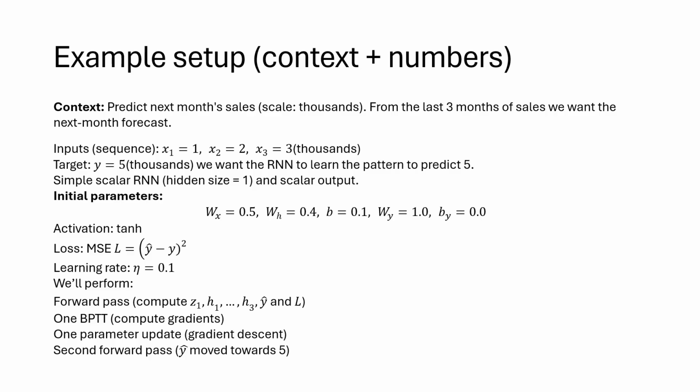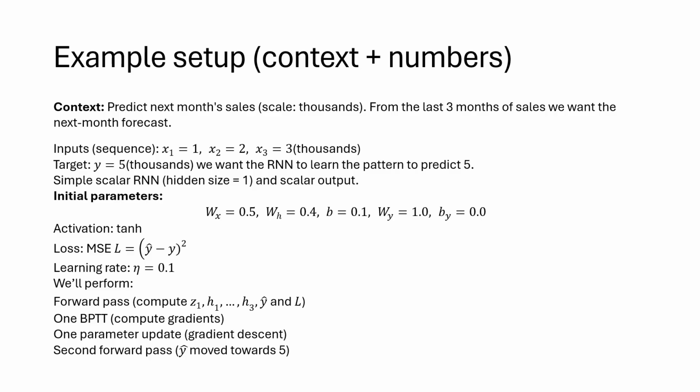So for the initial parameters, we have the weights and biases for both the input layer and the output. Also for the hidden layer, we will use the tanh activation function and MSE loss. We have a 0.1 learning rate, which is quite big, but for our simple example, it's good.